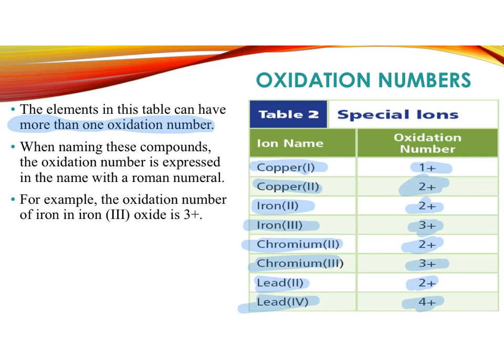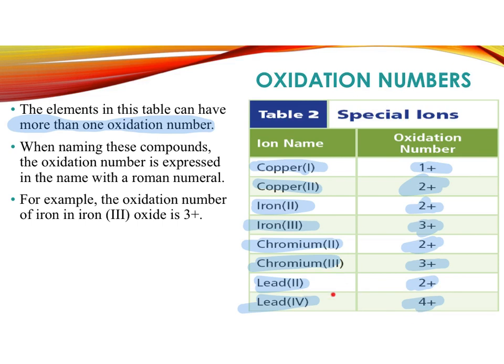Now, this is not by any means all of these that are out there, but it is a good big chunk of them. And you will notice these Roman numerals here. Notice copper 1 plus has a Roman numeral 1. Copper 2 plus has a Roman numeral 2. Iron 3 plus has a Roman numeral 3. This Roman numeral tells you the charge, tells you the oxidation number.